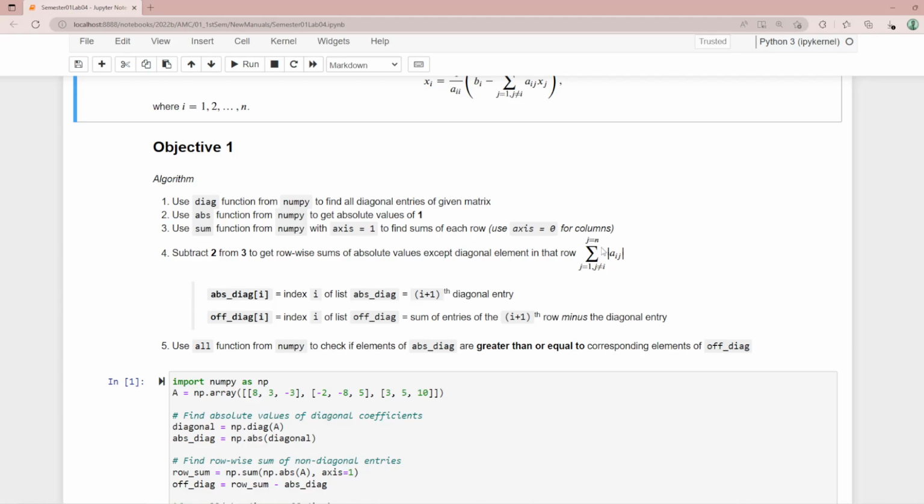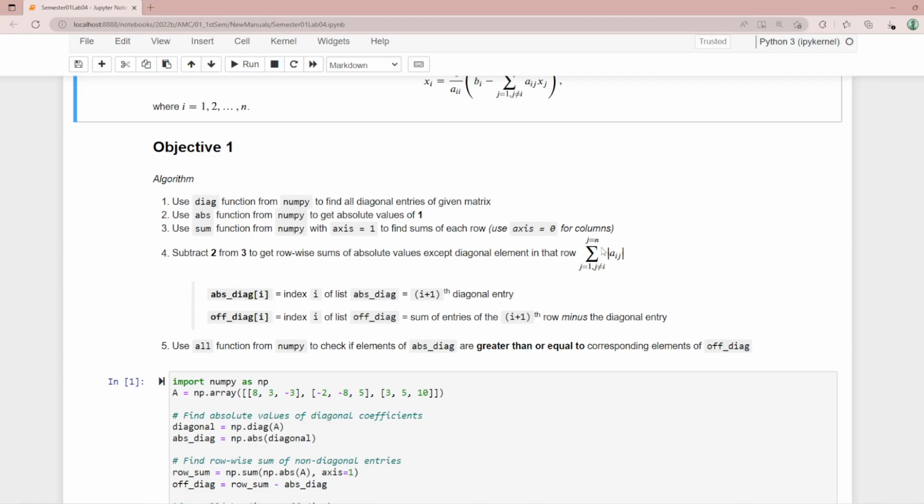The output would be a list. Next, we use the ABS function from NumPy to get the absolute values of the diagonal entries, which also returns a list, and we'll name that abs_diag. Then we use the sum function from NumPy to find the sum of each row.